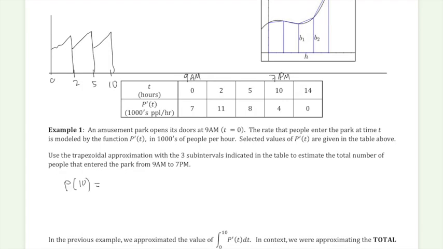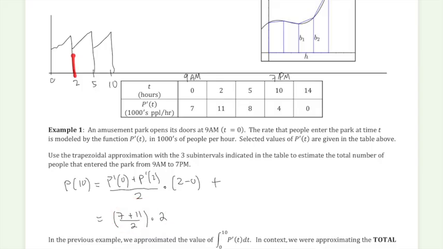So my first trapezoid is going to be, one of the bases is 7, the other base is 11. And again, we have base 1 plus base 2, which is going to be 7 and 11, divided by 2, times the height, which is the difference between t, so 2 minus 0. So this is going to give us 18 for the first trapezoid.